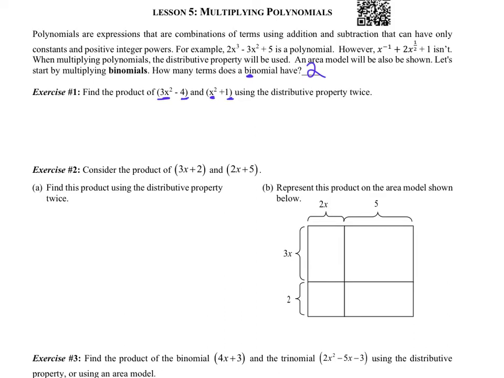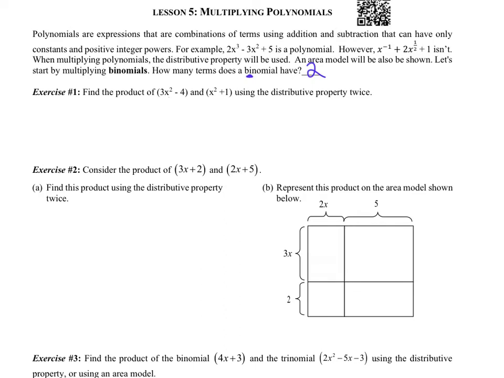So they want us to multiply them together using the distributive property twice. So most teachers, I believe they say double distribute. I'm not sure if there are any that still use the FOIL method. It's basically the same, but you would just hear the word FOIL. But I'm going to double distribute here.